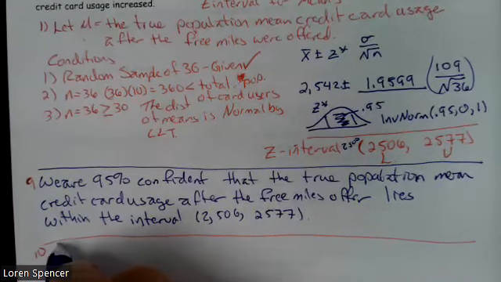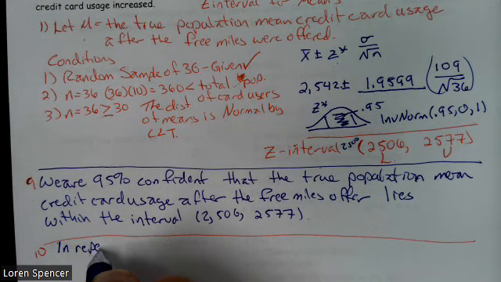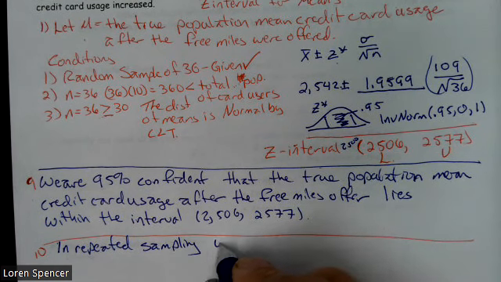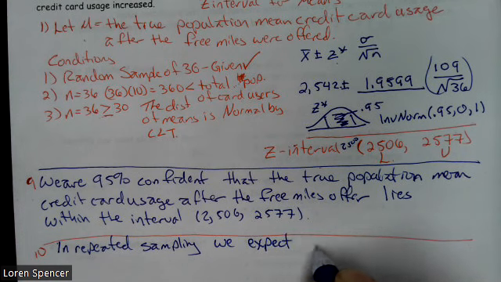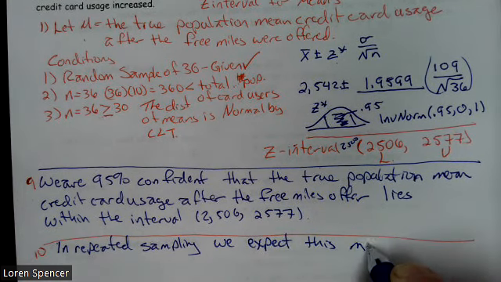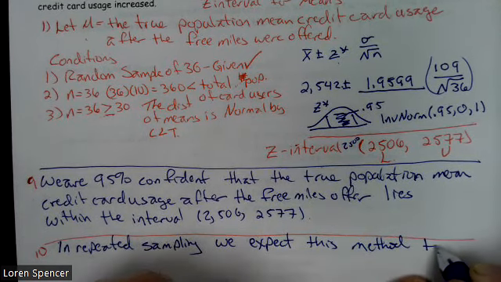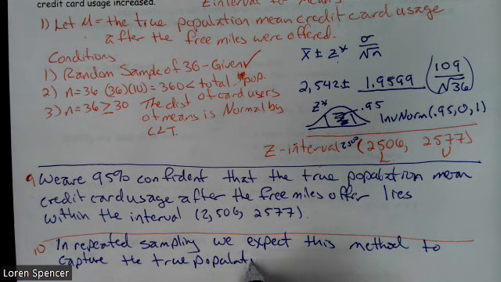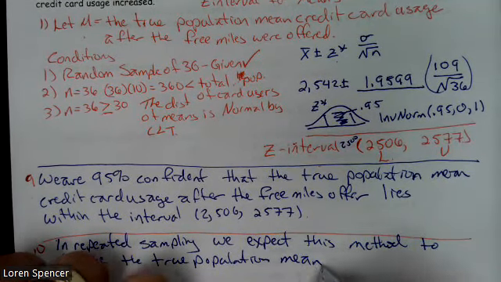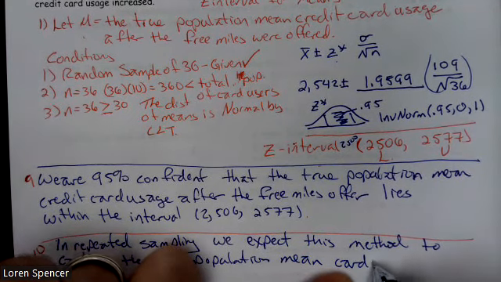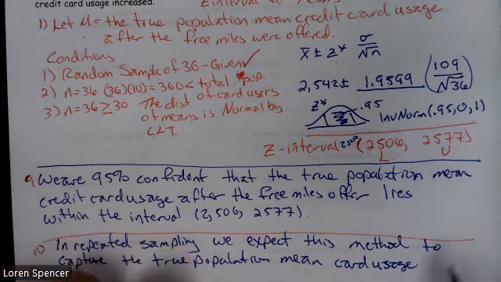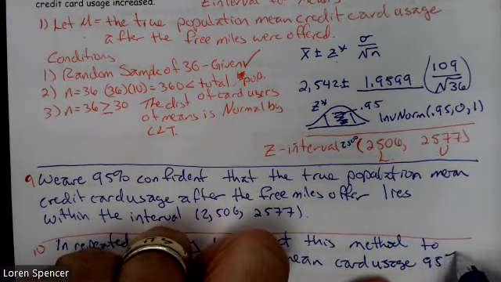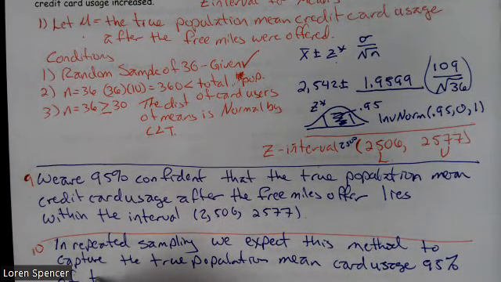And the confidence level is, hey, if we did this over and over again, so in repeated sampling, we expect this method to capture the true population mean card usage 95% of the time.